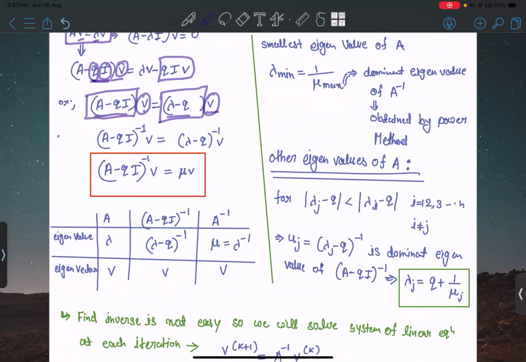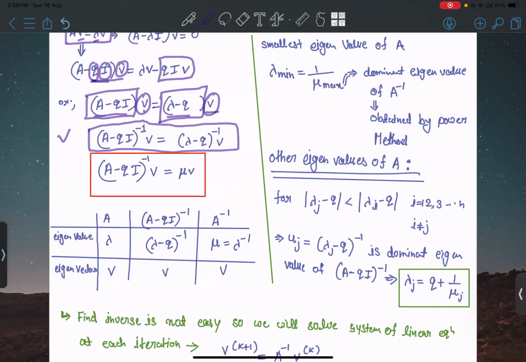If I take the inverse, this will lead to this equation. This can be deduced from linear algebra theory: if the eigenvector of A is V and the eigenvalue is lambda, then the eigenvector of A inverse will be the same V, but the eigenvalue for A inverse will be 1 upon lambda. From there also you can deduce this equation.